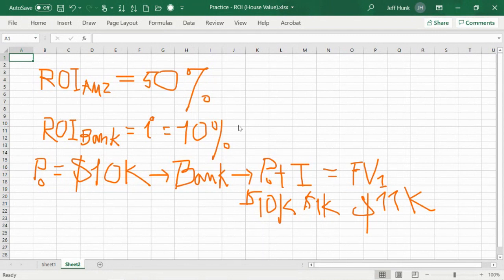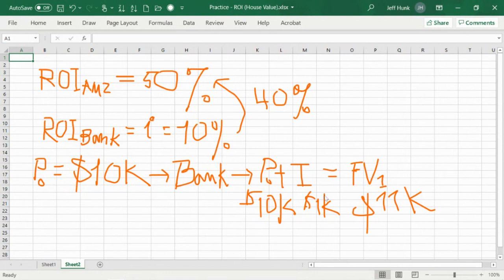The thing is, look, when the bank put your 10K into Amazon, and if Amazon gave 50% return, the bank is making 40% because they will have to give you the interest of 10%, right?